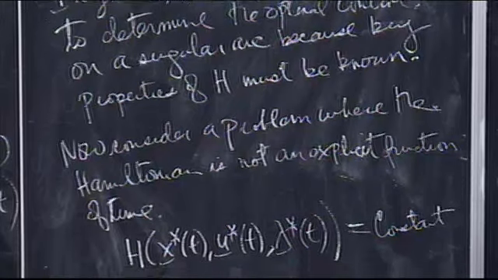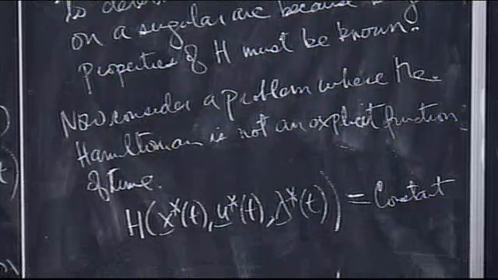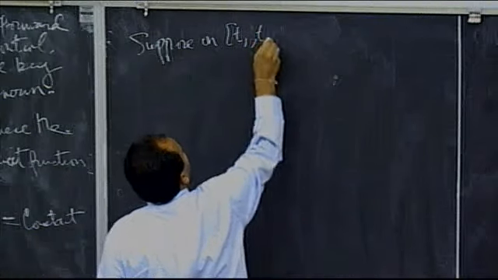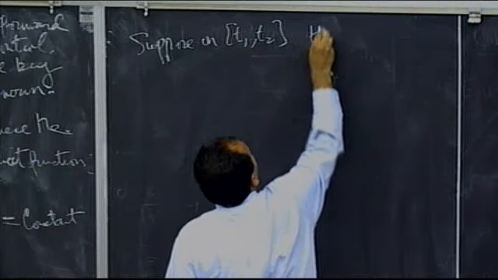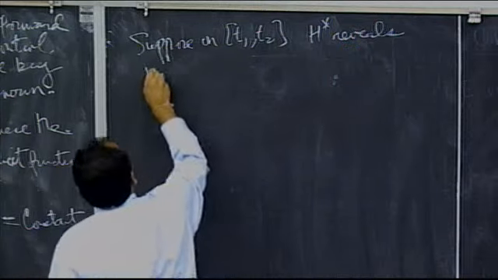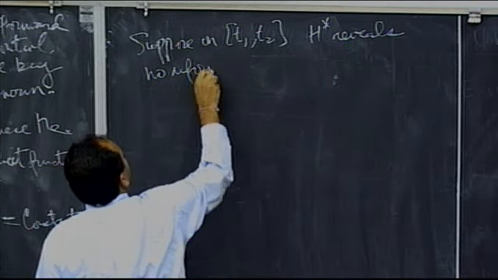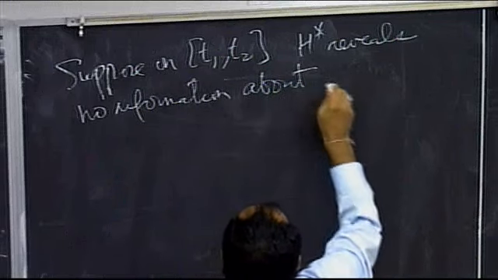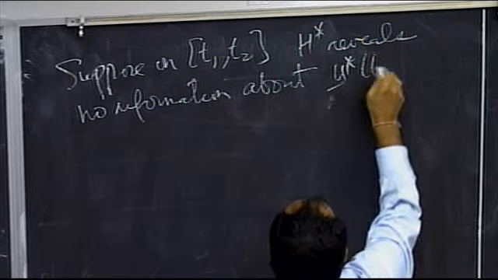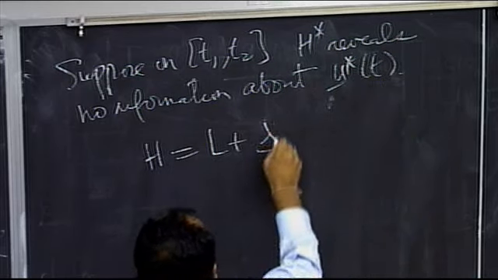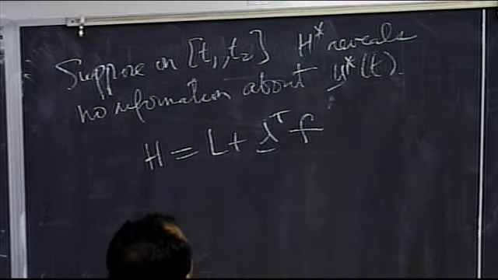Suppose on t1 to t2, H star reveals no information about u star. How is that possible? Well, we know that H is equal to L plus lambda transpose F, right?